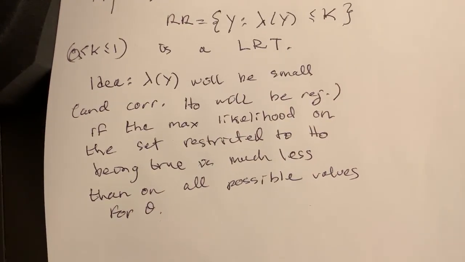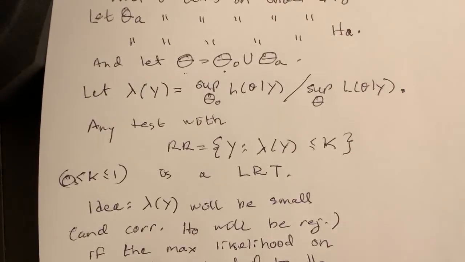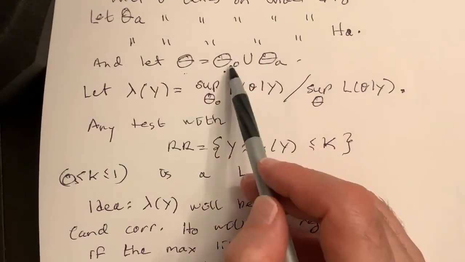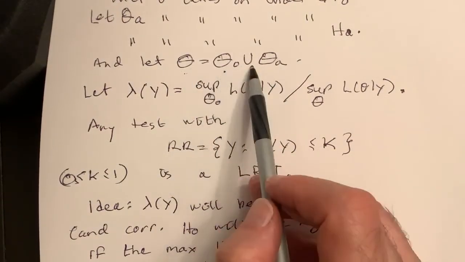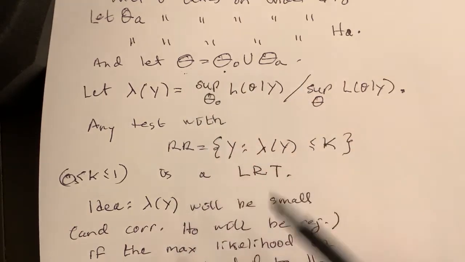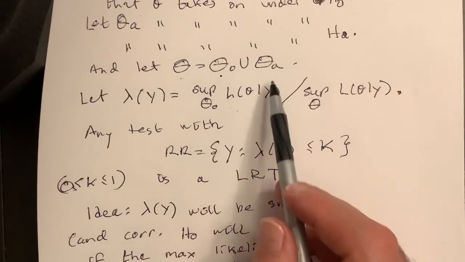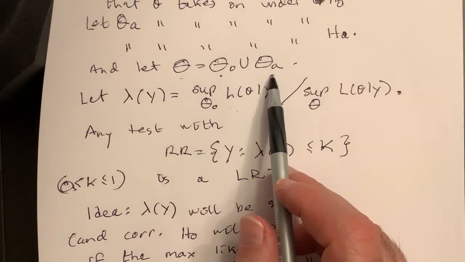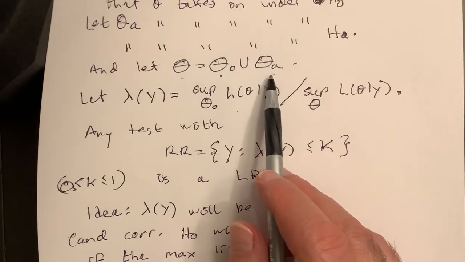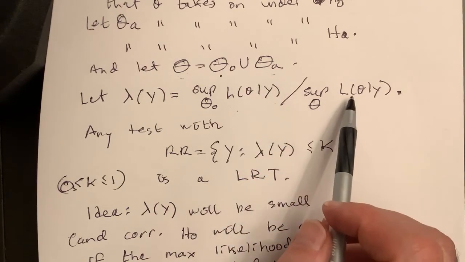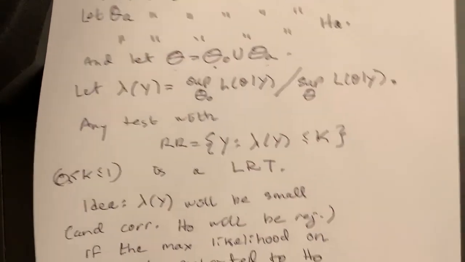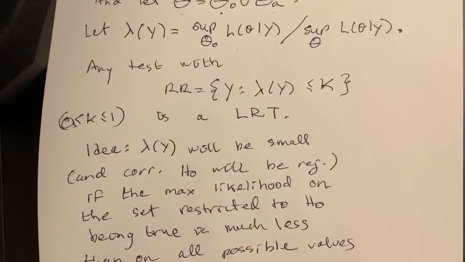What we really should say, because theta, the unrestricted set, is equal to this union, if this number is sufficiently small, this means that the likelihood in the alternative set is going to be much higher.